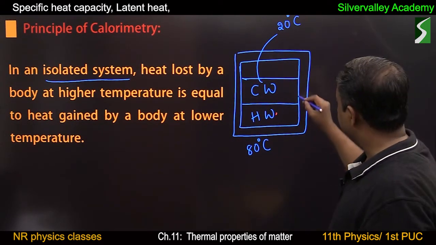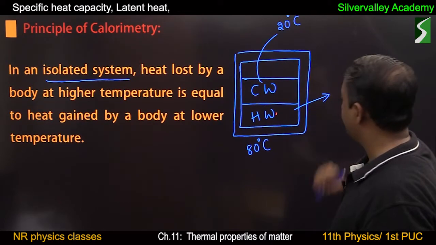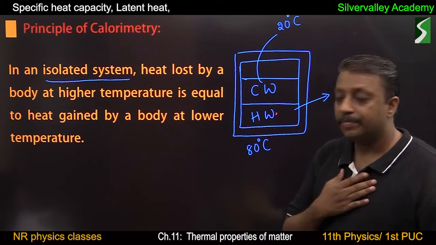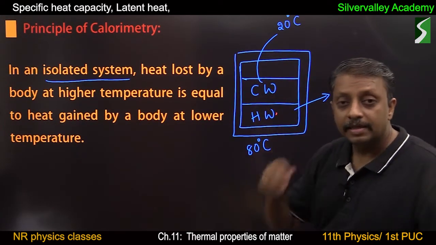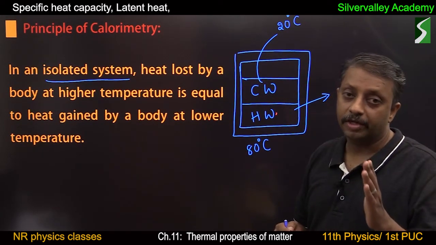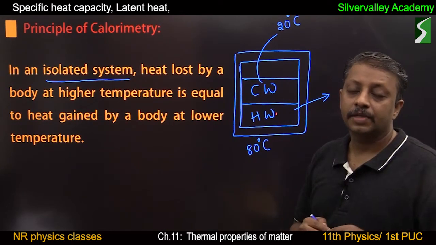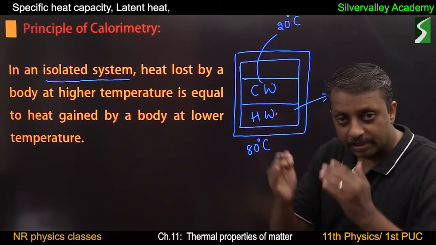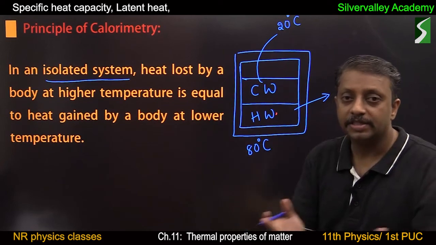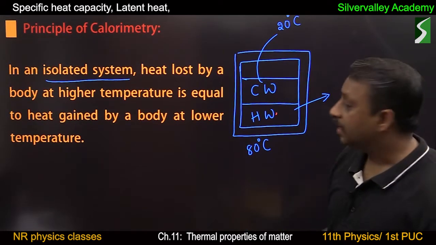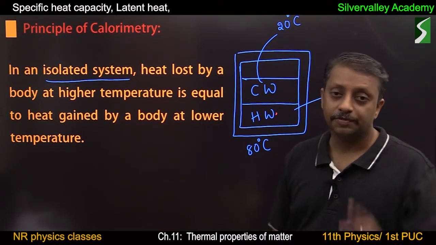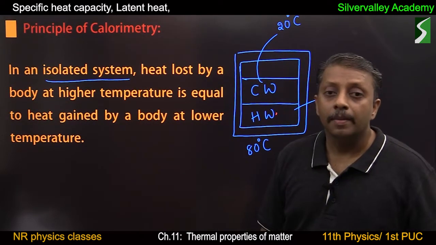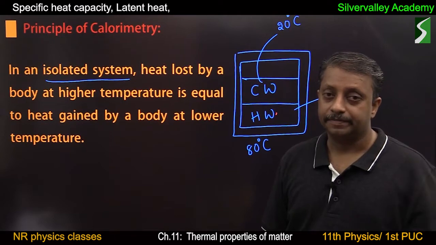If there is any loss of heat, then we cannot claim that heat lost by hot water is equal to heat gained by cold water. Thereby, there will be error in the measurement of heat. So to reduce the error, we have to properly insulate the system. And that is the principle of calorimetry. This is also asked for 1 mark. Important question: mention the principle of calorimetry.